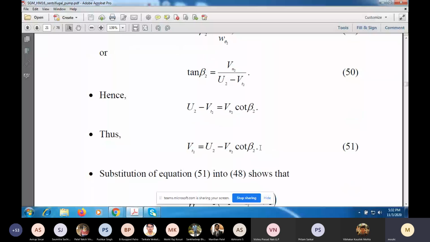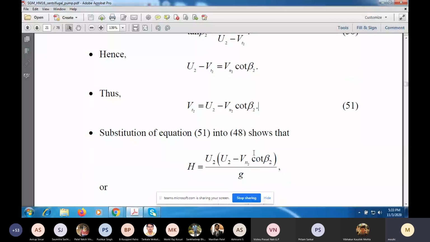So from here, if I move Vt2 to the left hand side of the equation, you see that the swirl component of the fluid velocity at the outlet of the impeller is U2 minus Vn2 into cot beta 2. This is from one-dimensional analysis.